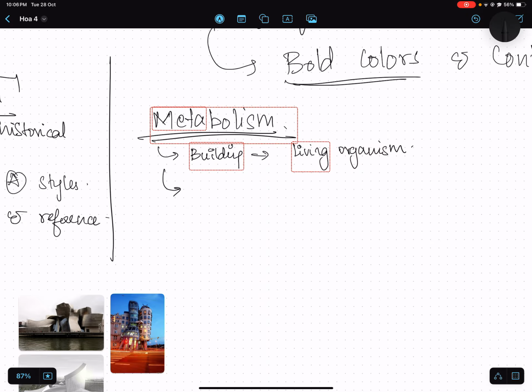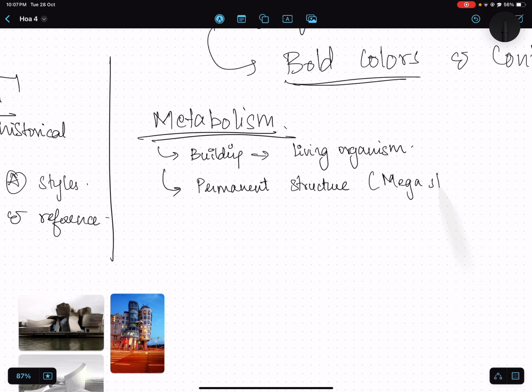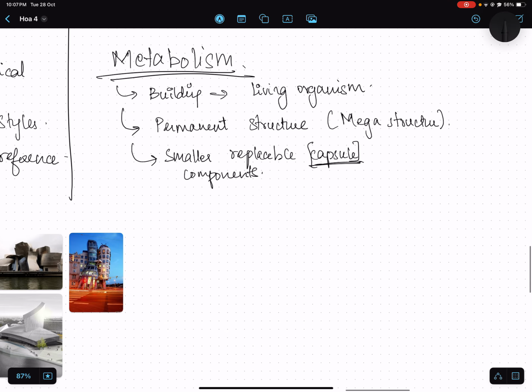So they had two elements, that is the permanent structure, which they called the mega structure, and they had smaller replaceable components called capsules, and these capsules can be either added or subtracted as needed.